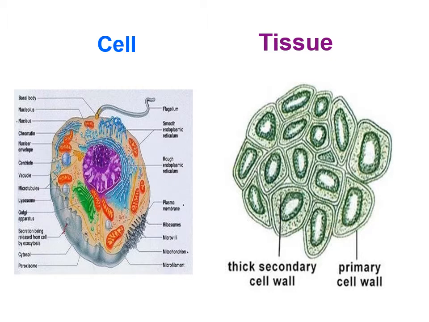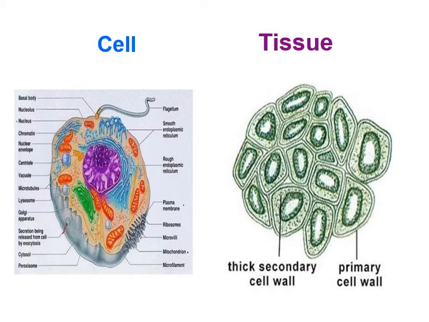Now have a look at this slide. You will very easily understand the difference between a cell and a tissue. In this slide you can see that a number of cells are aggregated together and they are sharing common cell walls. You remember that yesterday we studied the middle lamella that is binding the different cells together.